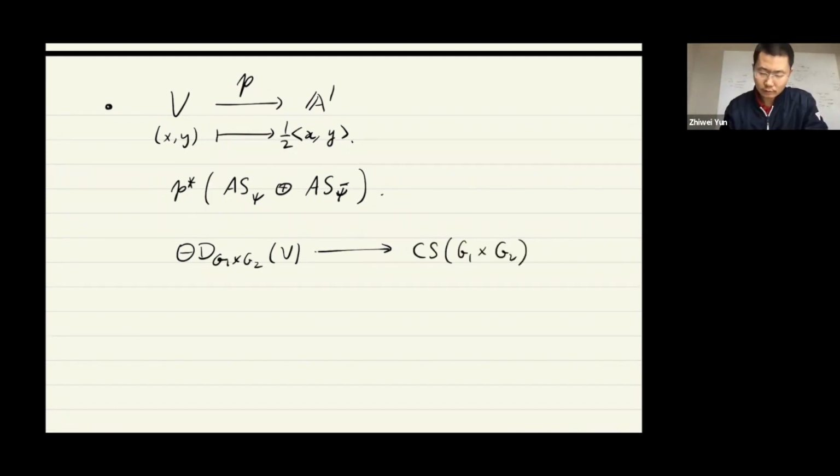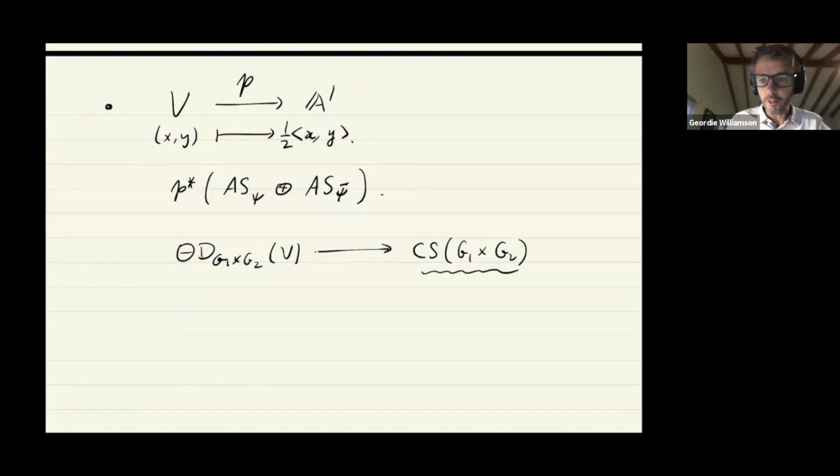This is as much as I can say right now. From a theta intertwining sheaf, you can produce a character sheaf, well, maybe a direct sum of them, on G1 times G2, which should be thought of as some kind of correspondence, not really a map, but a correspondence between character sheaves on G1 and character sheaves on G2. But I don't know much about this map. This certainly deserves further study.